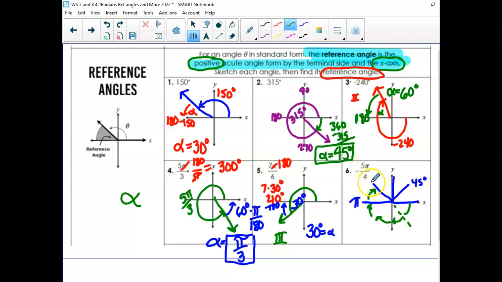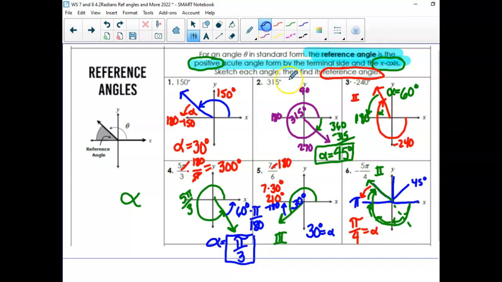So -5 pi over 4 lands me right here. It is in quadrant 2, but it went this way. So can you guess maybe the reference angle in radians back here? How much is that little angle? They're all 45s, right? So this is a 45 back to here, so it's pi over 4.